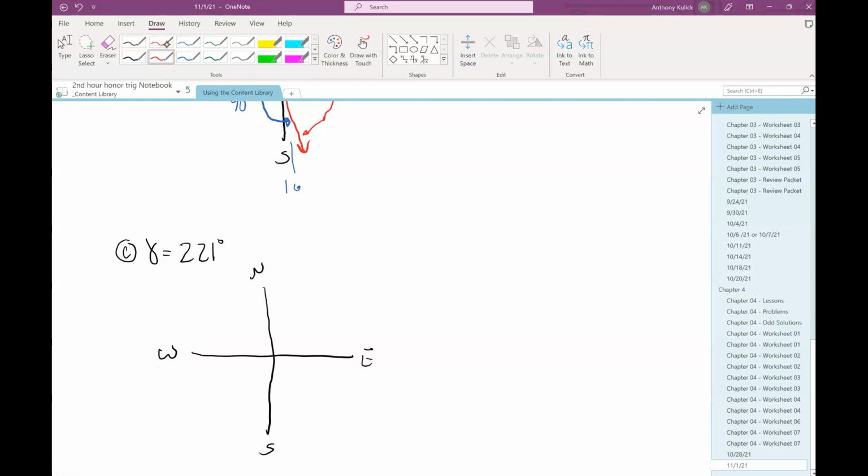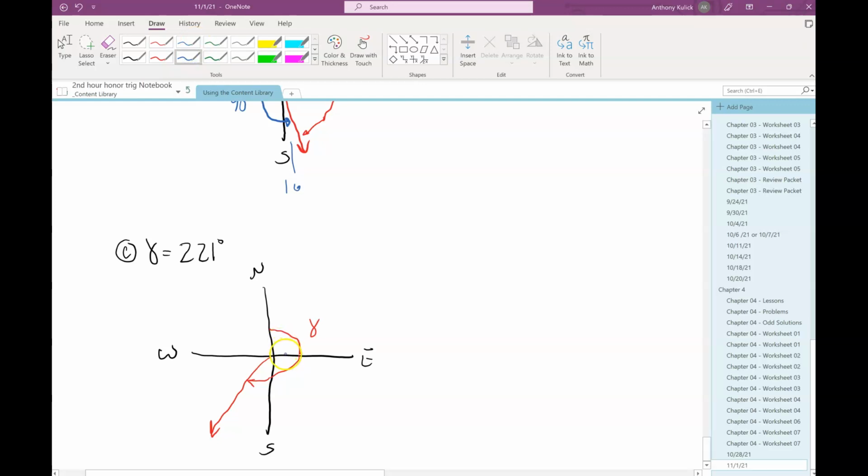Again, we're going clockwise from due north. So 90, 180, and then like 41 more puts us here. Everybody's still doing good?